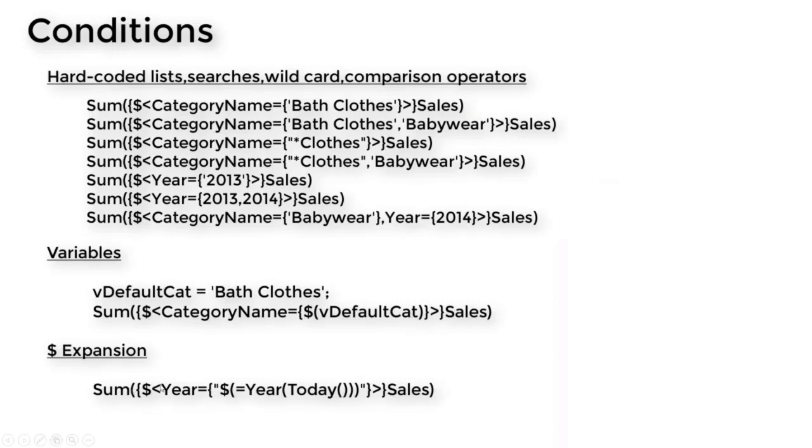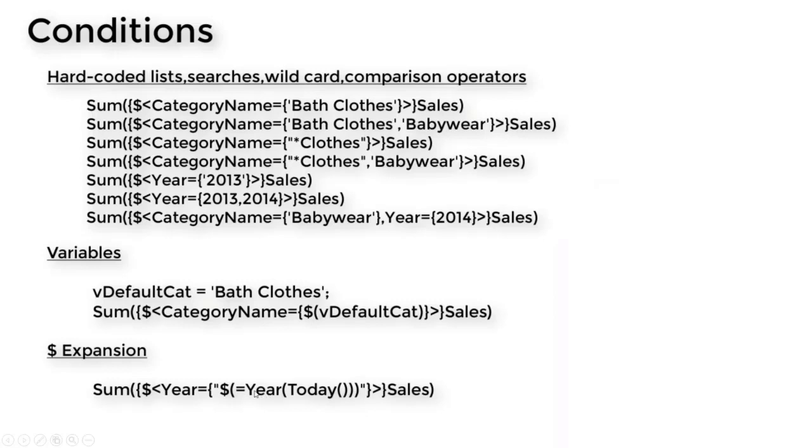And then, as I mentioned, the capability of using what's called dollar expansion, which is now creating your comparison equal to a function. So let's imagine we don't have the year value, for example, somewhere in the data. This is going to extract whatever the day is, in this case today, August 6, 2020, it's going to extract the year and plug it in here.